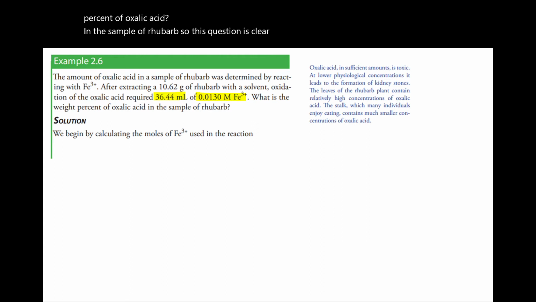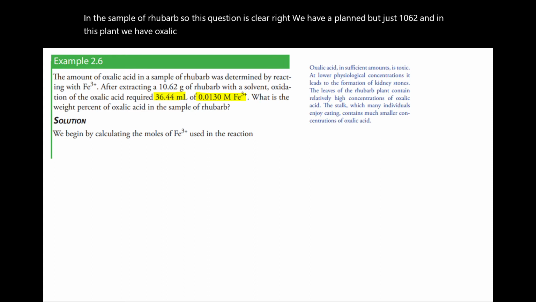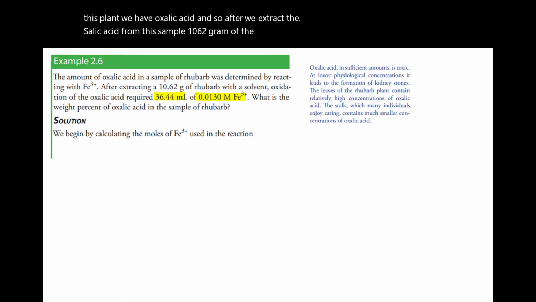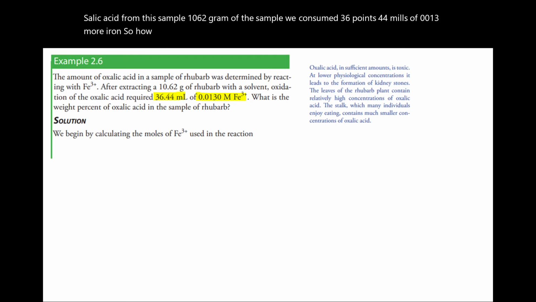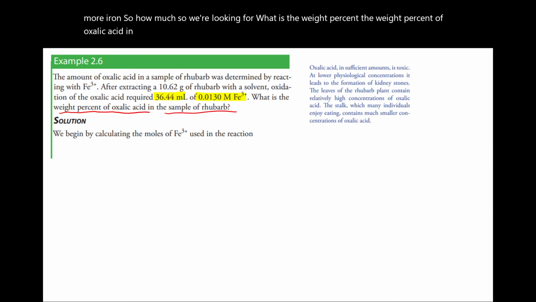We have a plant, 10.62 grams, and in this plant we have oxalic acid. After we extract the oxalic acid from this sample, we consumed 36.44 mL of 0.013 molar iron. We're looking for the weight percent of oxalic acid in the rhubarb plant.